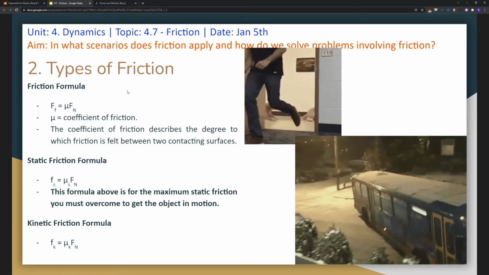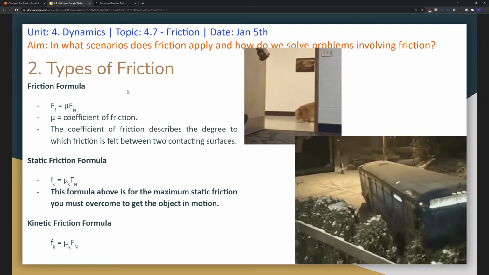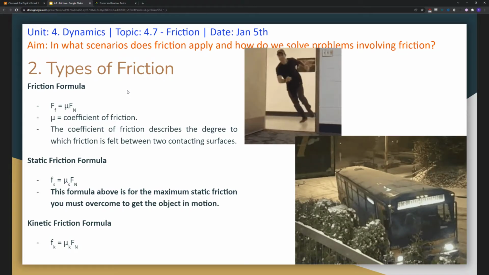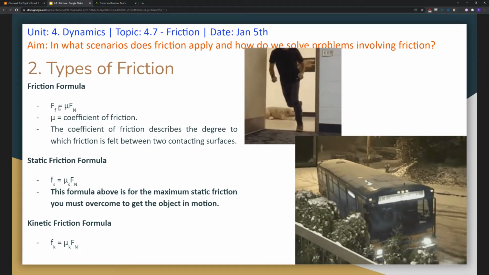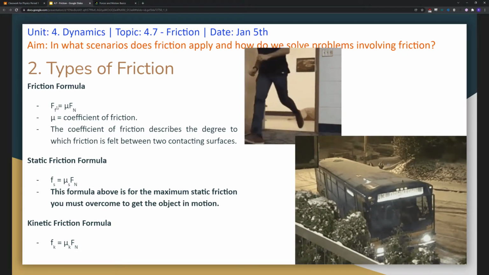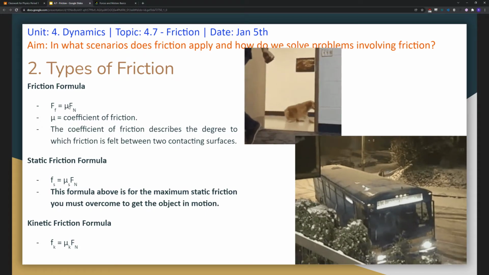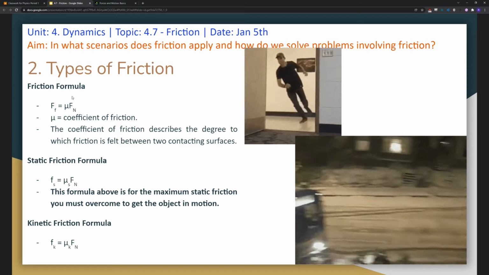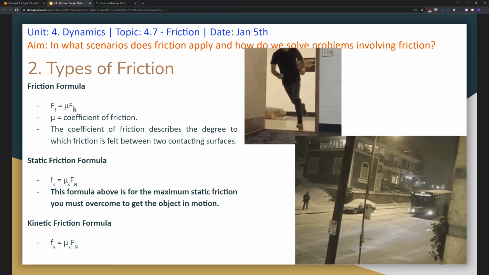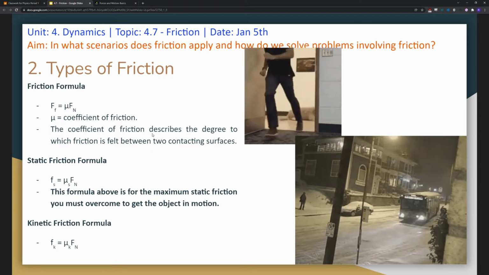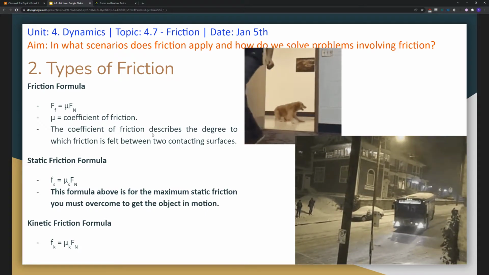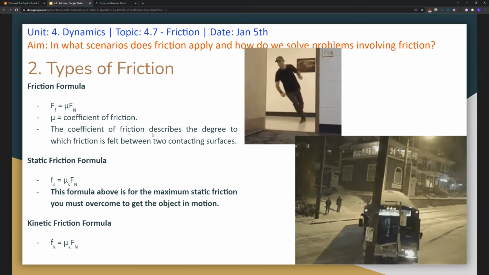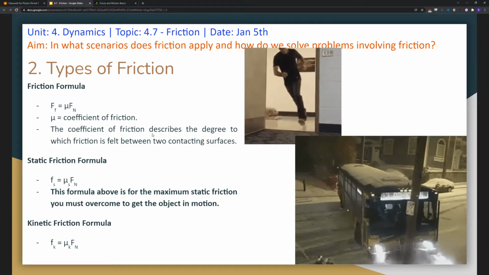Now these are the friction formulas. I'm introducing you to the coefficient of friction, that's that mu here. F sub F, your force due to friction, is equal to mu Fn, where Fn is your normal force. Your coefficient of friction describes the degree to which friction is felt between two contacting surfaces. Take, for example, the man running.